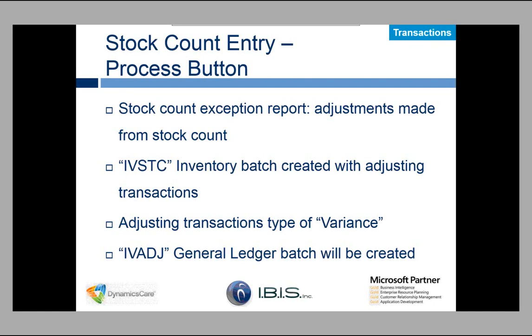So in the item transaction entry window, I can look them up by variance. The batch type is going to be an inventory transaction journal. And after posting to the GL, a batch will be called IVIDJ, so inventory adjustment, if you need to go back and research any of these transactions.